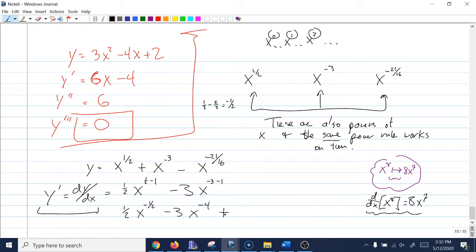Minus -21/16 times x to the, oh geez, what is -21/16 minus 1? It's -21/16 minus 16/16. -21 and -16 will be even more negative. -37/16, I think is correct. Yeah, there we go.